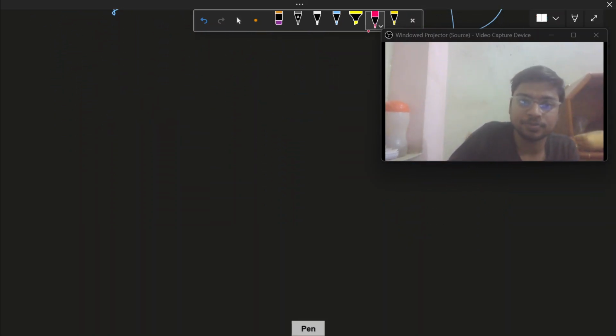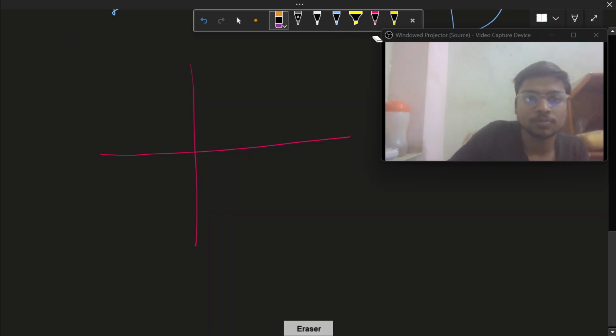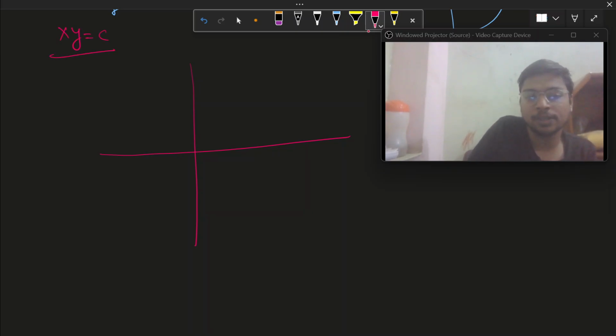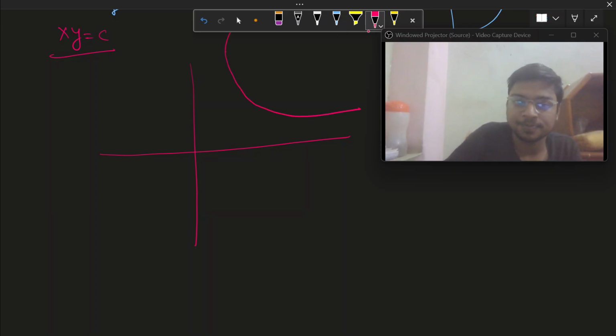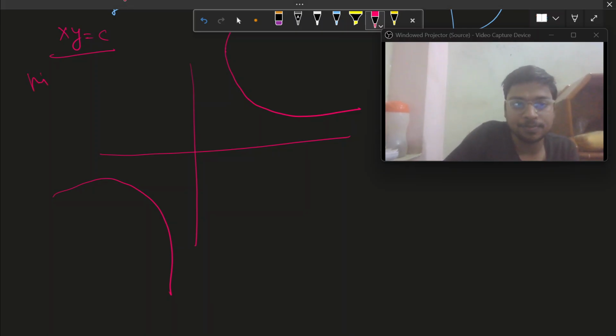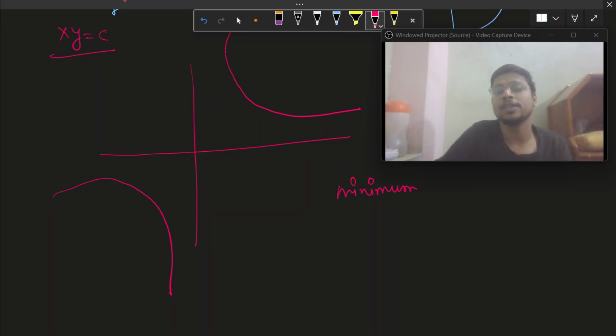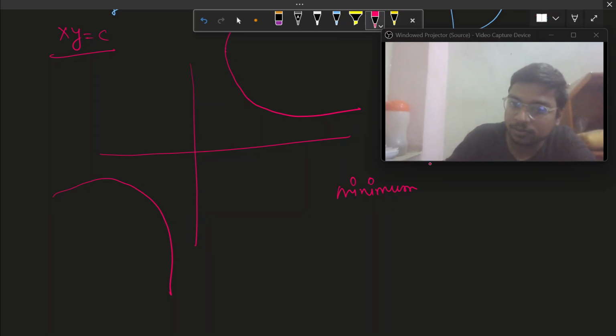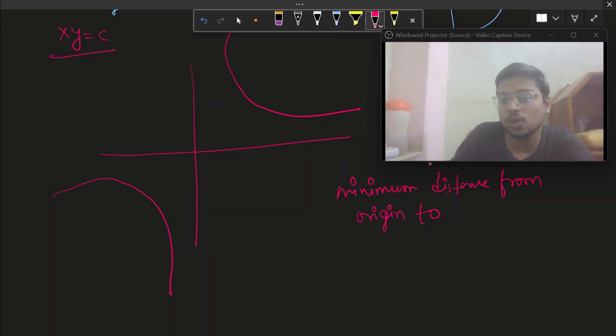If we have a hyperbola xy is equal to c, we want to find the minimum distance from the origin to the hyperbola.